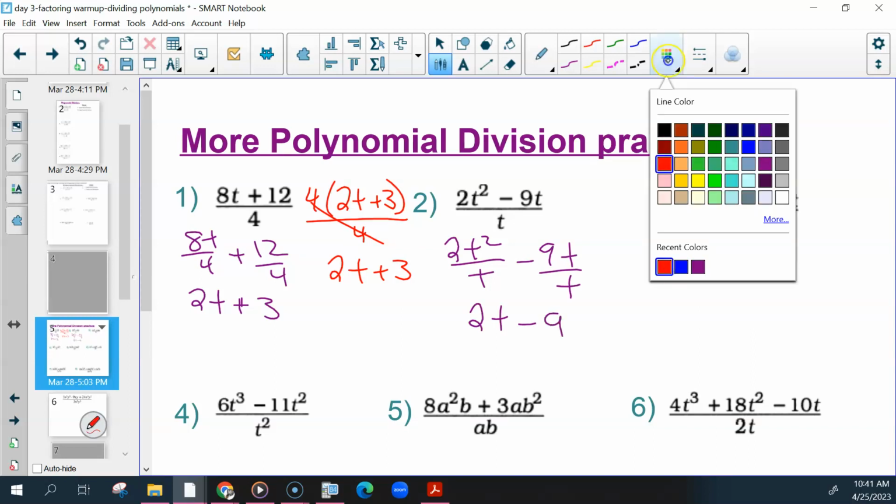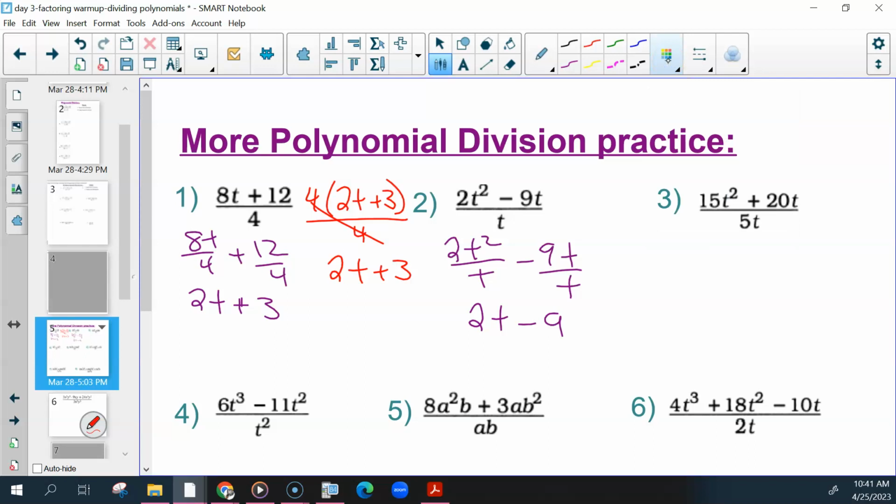If we were to factor it, what do they have in common? T. And usually whatever's in the denominator is going to be what they have in common. The t's would cancel, leaving that t somewhere. So on the problems we do when we come back, we'll choose whether we split or factor.